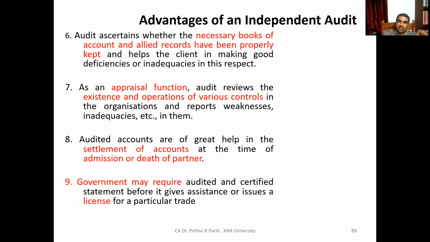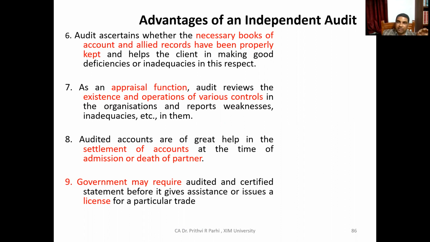Next thing is that, as an appraisal function, audit reviews the existence and operation of various controls in an organization and reports weaknesses and inadequacies. If a particular internal control is inadequate or weak, that can be reported through the auditing process.